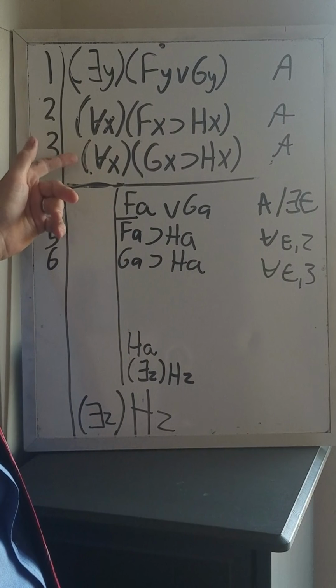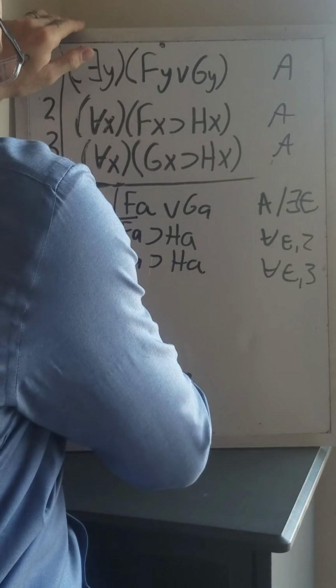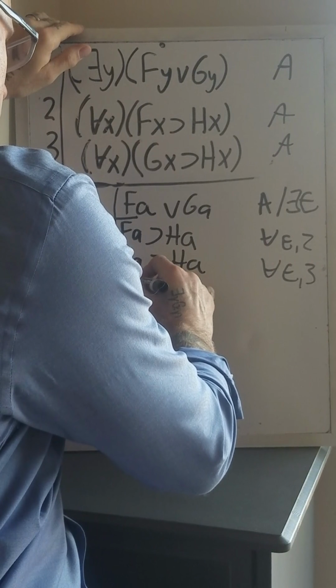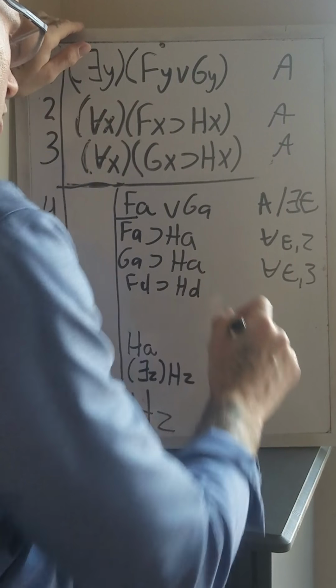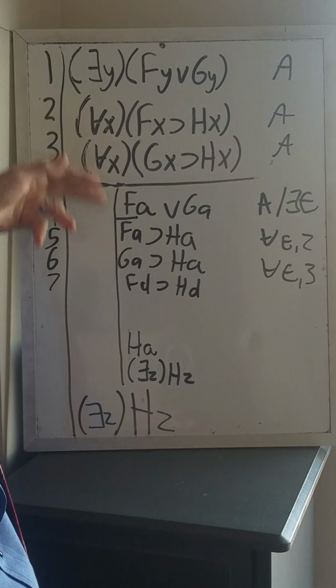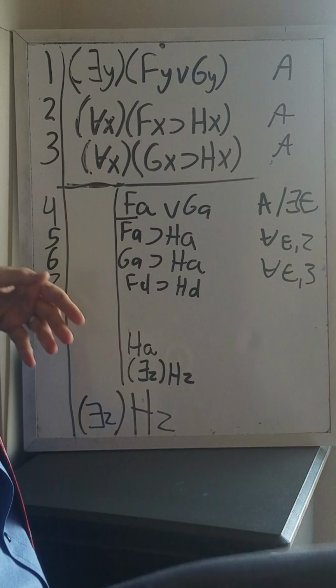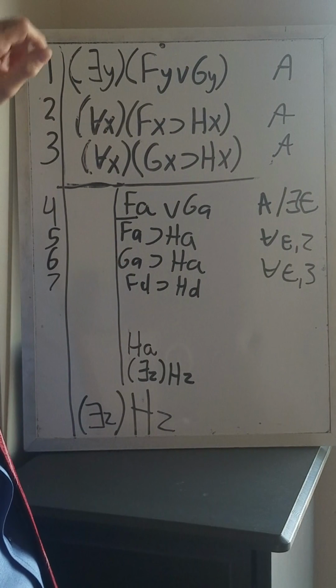We could do this as many times as we wanted, like put a line 7 in here, FD, therefore HD, or whatever. You can use universal elimination on the same line as many times as you want. There are no restrictions on it. That's just not going to really move us forward in this proof, so let's not do that.